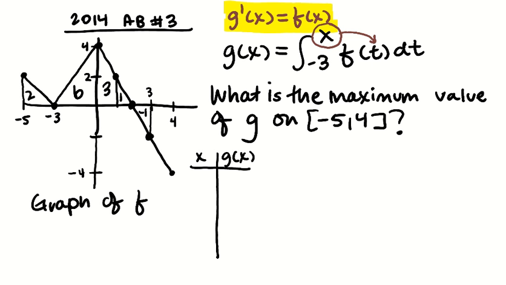The x values I'm interested in are the endpoints and the critical points. The critical points are where g prime either equals 0 or is undefined. G prime is f of x, so I'm looking for where f is equal to 0. And that's going to give me x equals -3 and x equals 2.